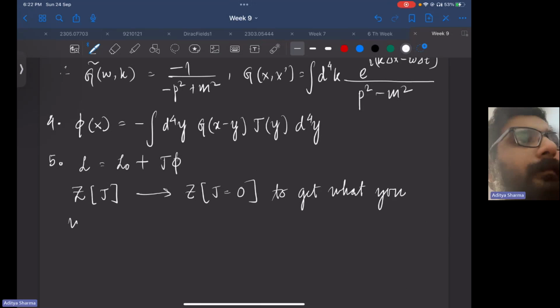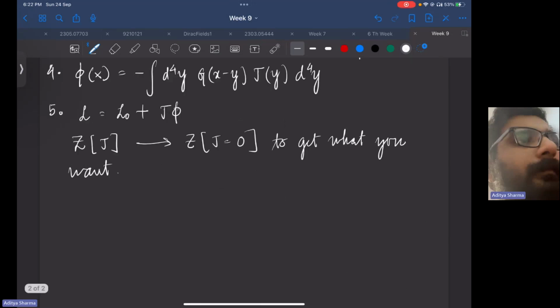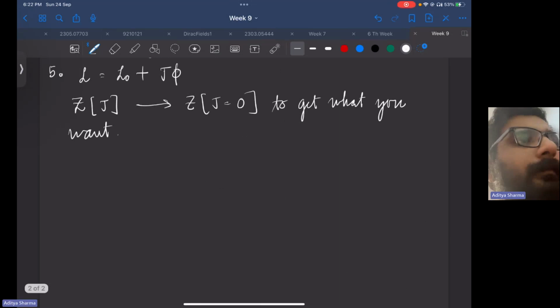And if you want to find the 2-point function and all these things, it will just come out as something which I'll show you now.